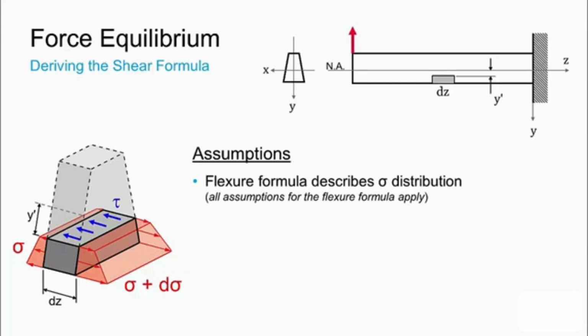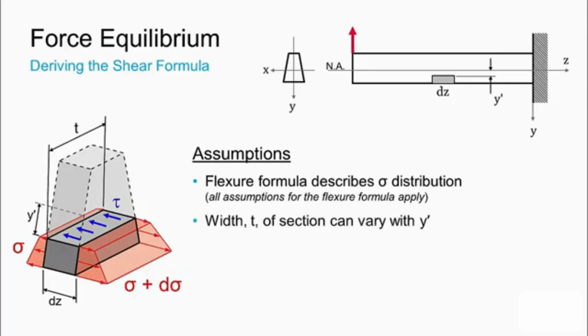Basically, this means that all the assumptions that we used for the flexure formula in the previous unit must also apply here, so that plane sections remain plane and the individual lines along the beam will curve in the nature that we saw in the previous unit.